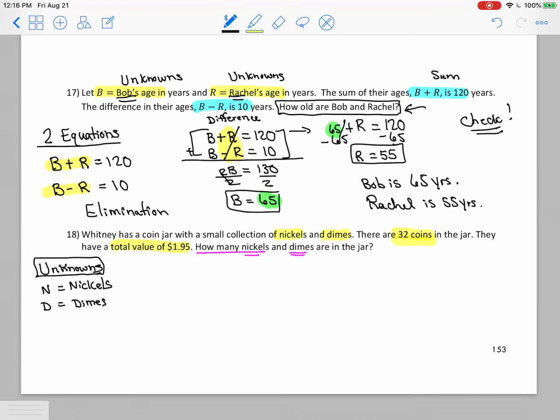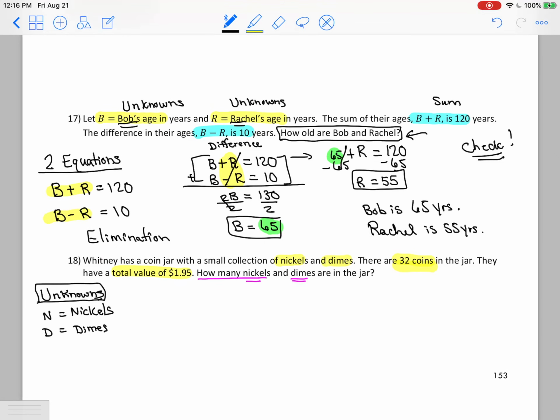All right, so this is one of those problems where we really need to come up with our categories ourselves. The other one, number 17, did that for us. Oops, not two knowns. Can't talk and write at the same time. Knowns. And what we're really doing here with our knowns is looking for our two categories.